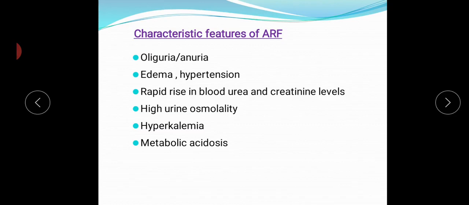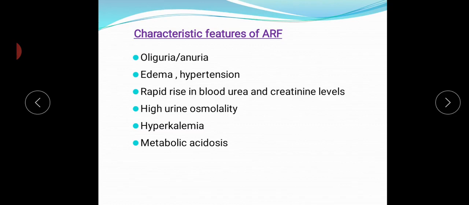Third is the rise in blood urea and creatinine level, because these are two important waste products that must be removed by the kidney, but because the kidneys are non-functional, they will not be able to remove them. Because the glomeruli are not working, they will not be able to filter these waste products into the renal tubules, so they will accumulate within the blood.